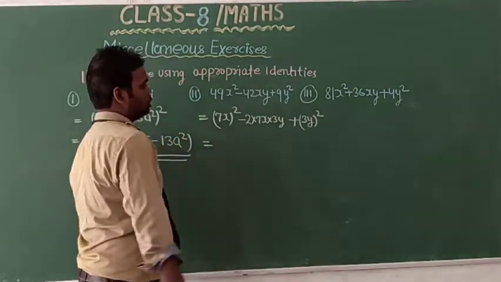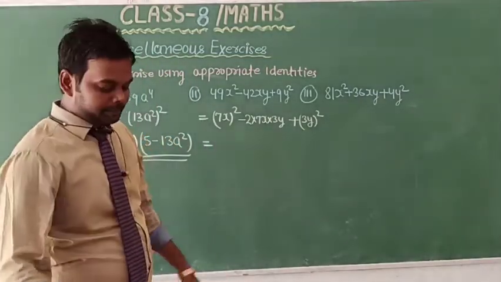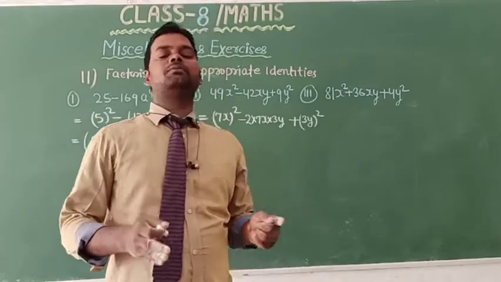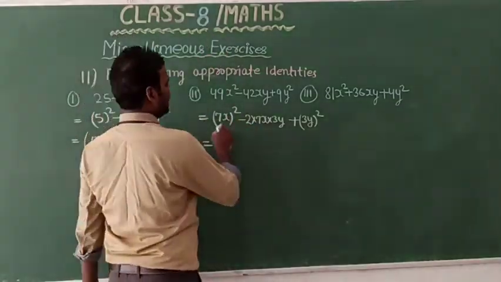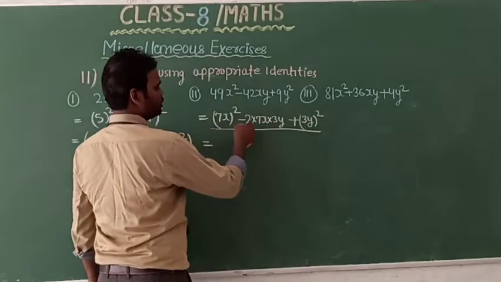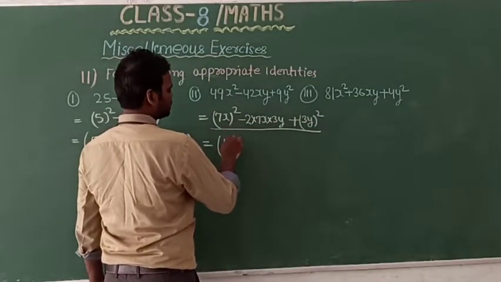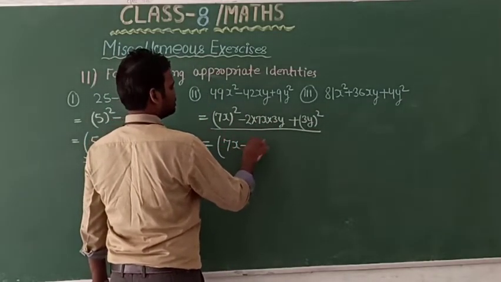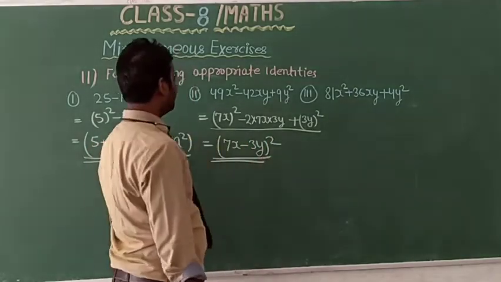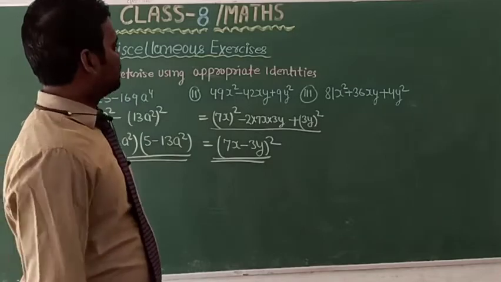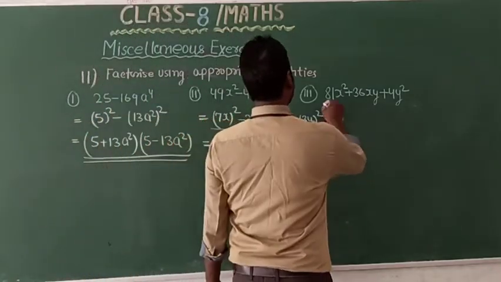Okay, so this is the identity a square minus 2ab plus b square, which is equal to a minus b whole square. So now using the identity this becomes 7x minus 3y whole square. Okay children, and further move to the third part.